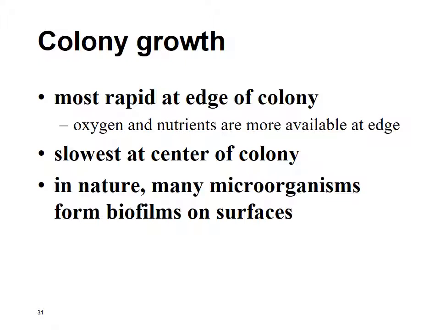In nature, microorganisms often grow on surfaces in what are called biofilms. These are slime-encased aggregations of different species of microorganisms. It's still not clear how characteristic colony patterns develop.